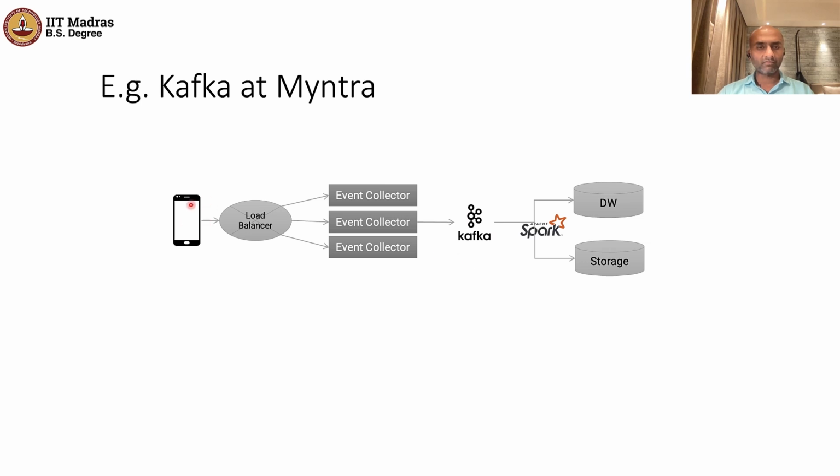So in the front end, it's a mobile app. Myntra was for the longest of times just available on the mobile app, and even now mobile-based shopping at Myntra is the most popular channel, I believe.